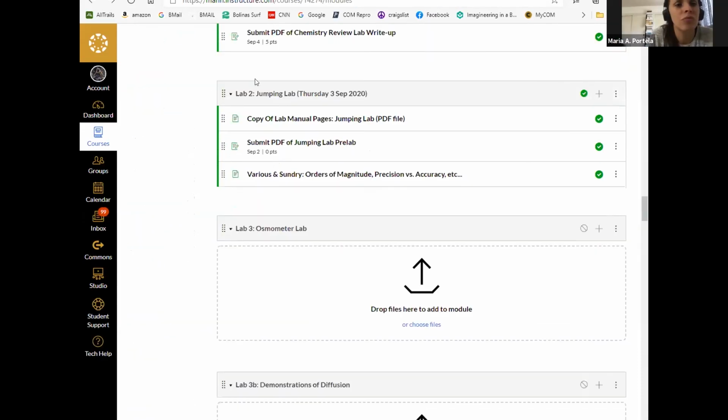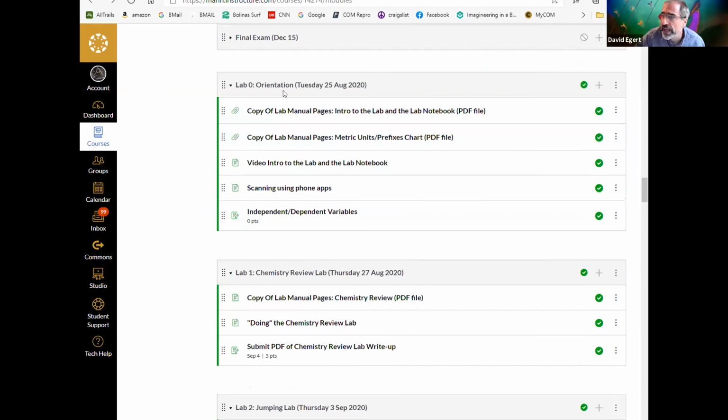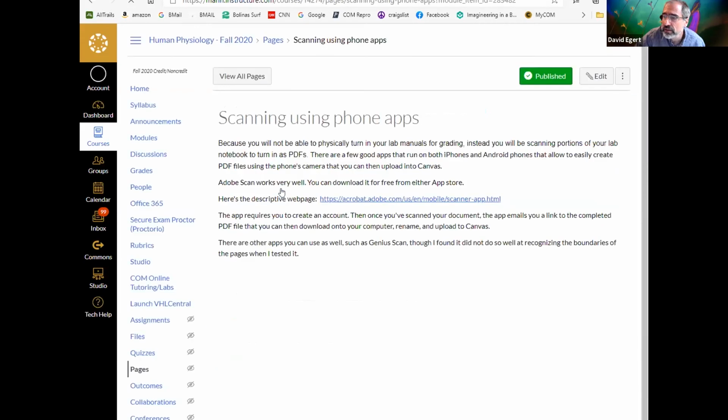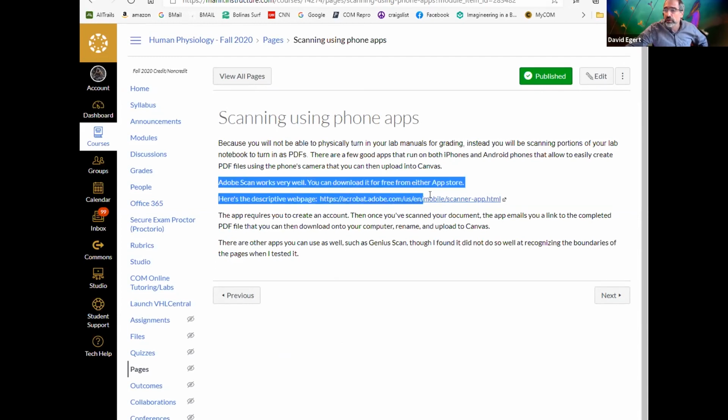If you go here into lab orientation, lab 0 orientation, scanning using phone apps, I found that this Adobe Scan, which you download on your phone, worked the best for me. There are other ones.